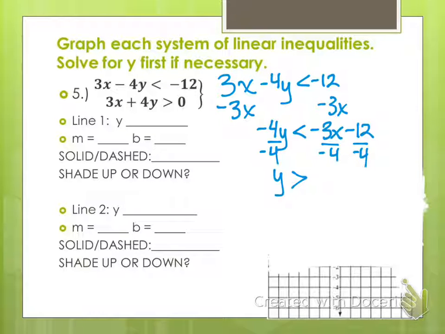We divided by a negative, so our symbol flips. And then for both of these terms, a negative divided by a negative leaves us with a positive. So positive 3/4 x plus 12 divided by 4 is 3. Okay, so y is greater than 3/4 x plus 3.